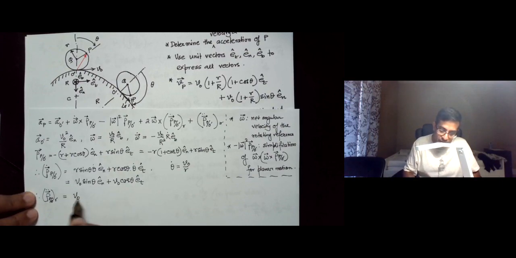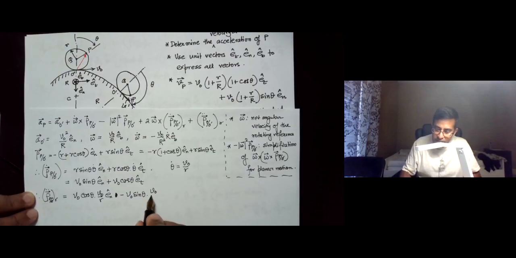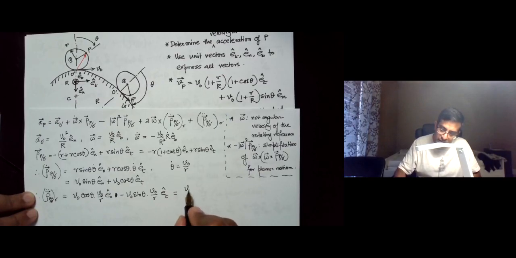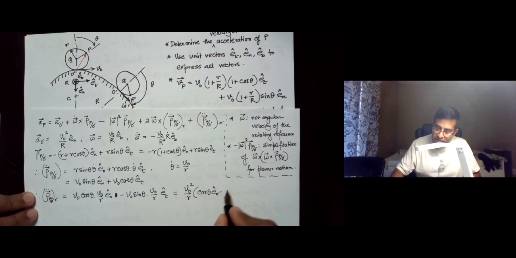So we'll have V naught cosine theta times theta dot, which is V naught over small r, En minus V naught sine theta times theta dot, which is V naught over r, Et. So this is going to give us V naught squared over r times cosine theta En minus sine theta Et.